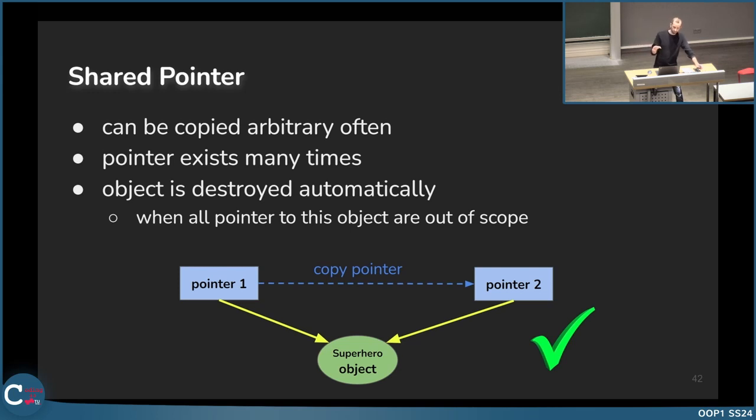So it can be that one pointer goes out of scope, can be that another pointer goes out of scope, but it will only be destroyed when all the pointers go out of scope. Then the shared pointer thinks that you don't need this object anymore because you lost all the pointers, and then it destroys the object.